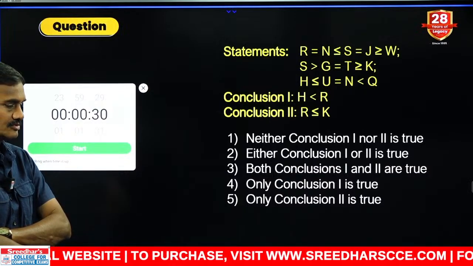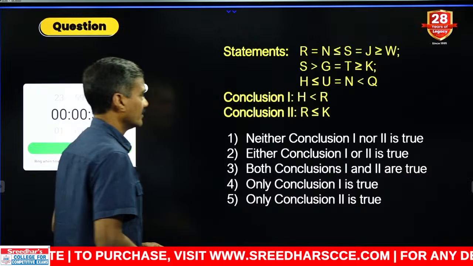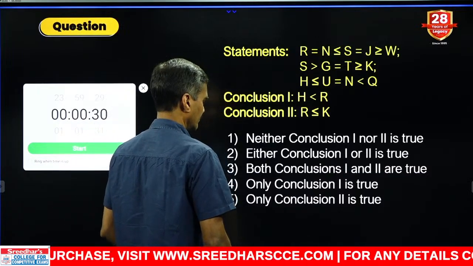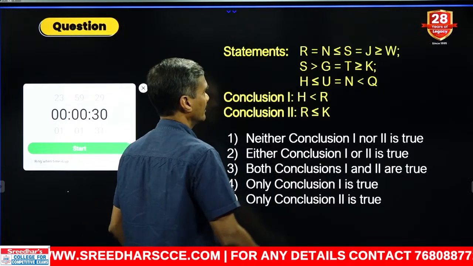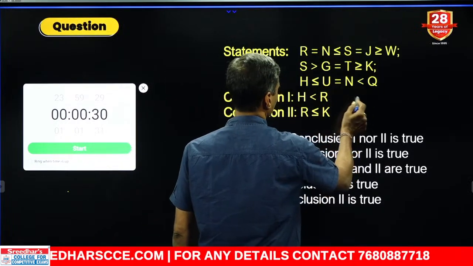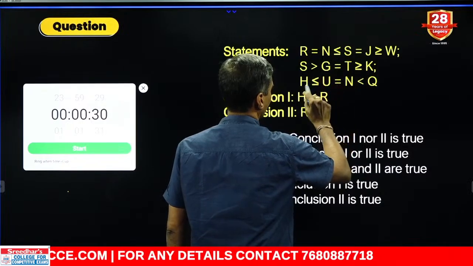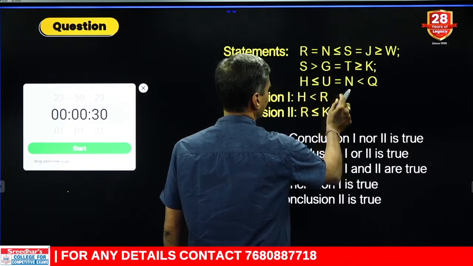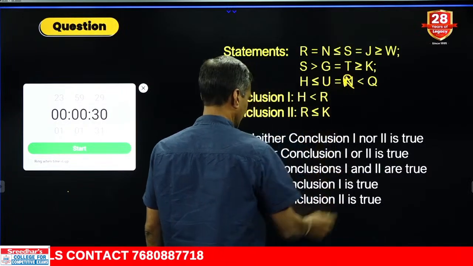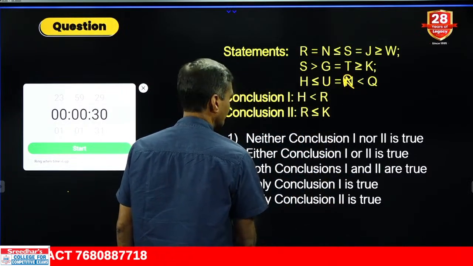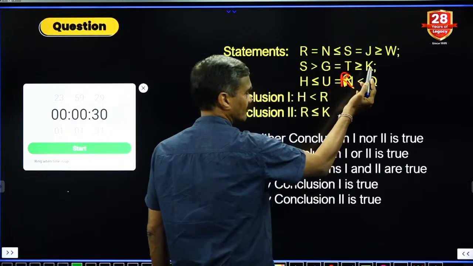Then coming to question number 5. Now here the relation between H and R. H is here and R is here. Which element is common here? N is common. H to N, N equals R, so place R in the place of N. H and R are one and the same.